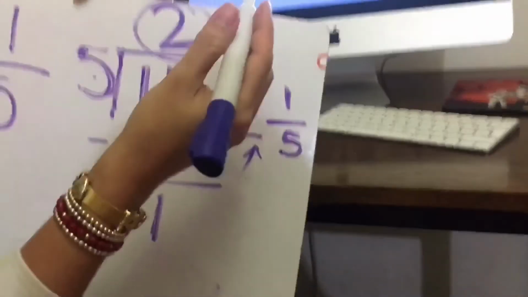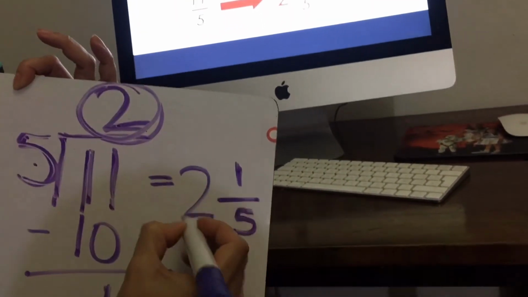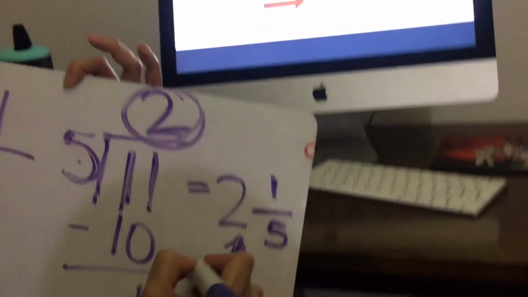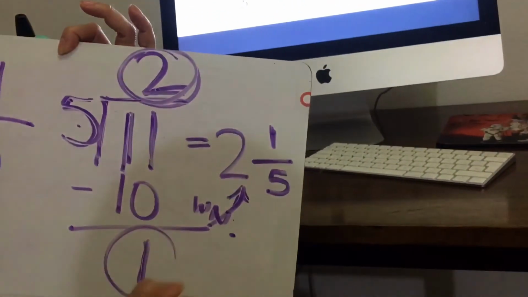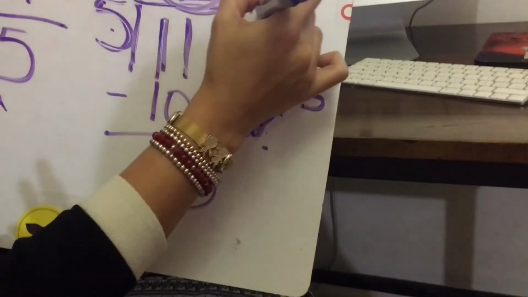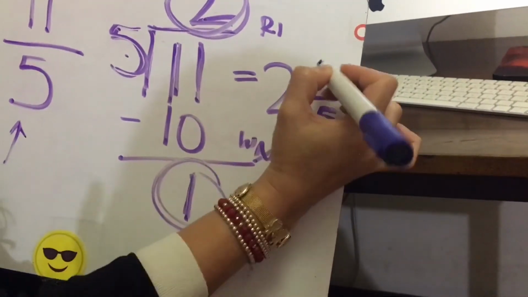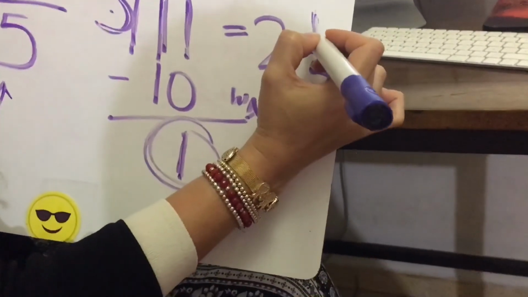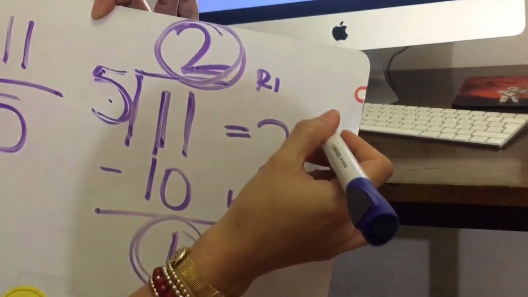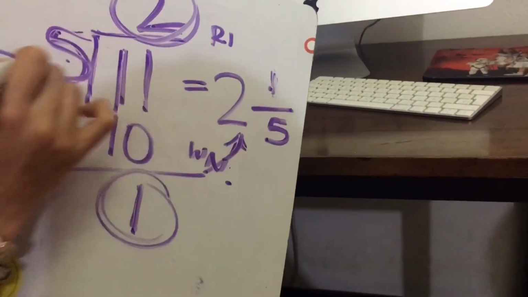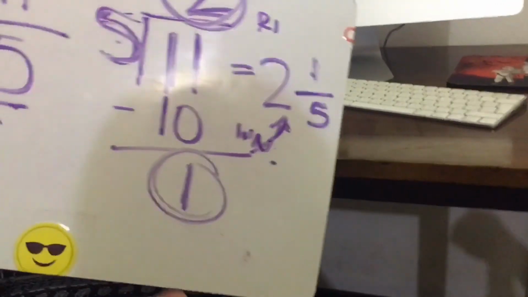And then my quotient, that would be step 2, becomes my whole number. My remainder, you know that I would write this as 2 remainder 1. My remainder is 1. My remainder becomes my numerator. That would be step 3. And the last step is that the denominator stays the same.